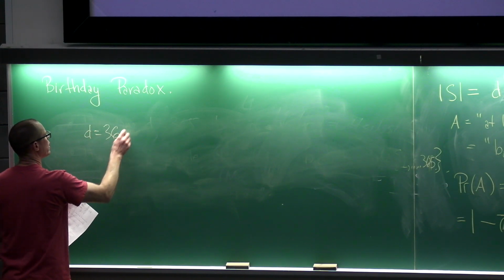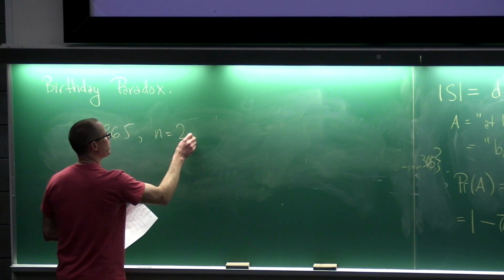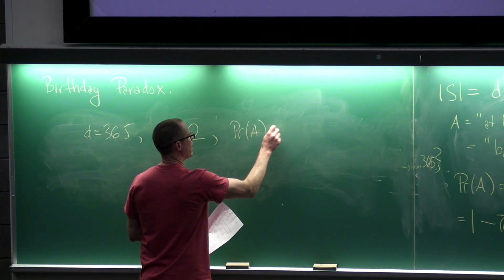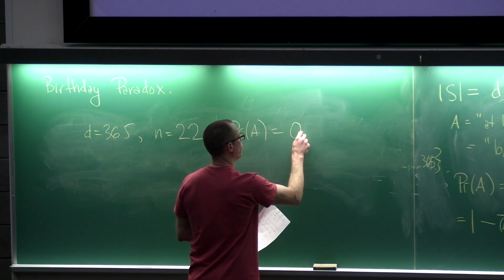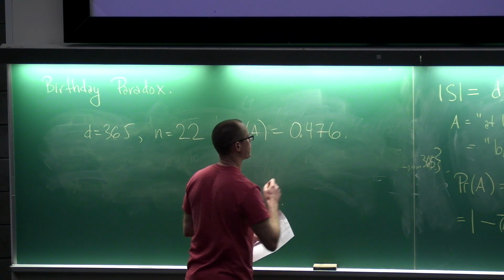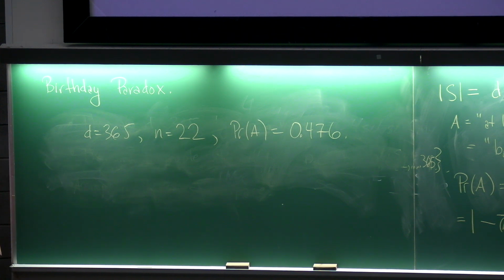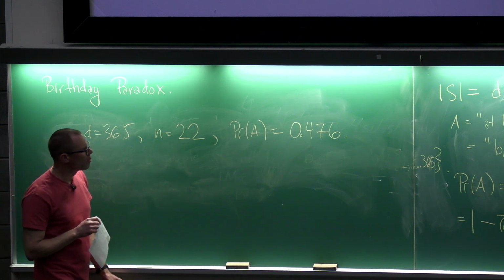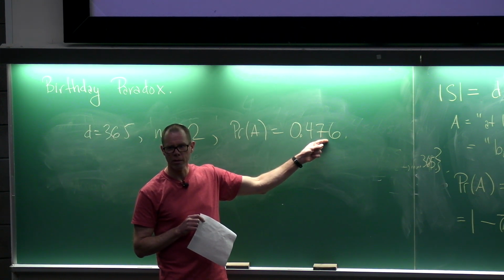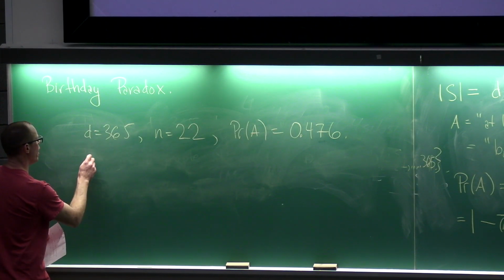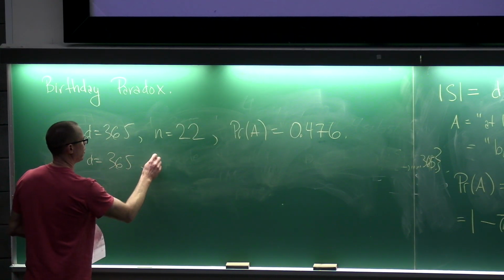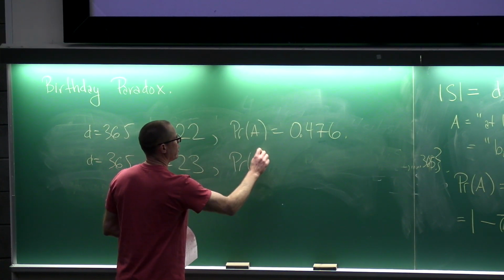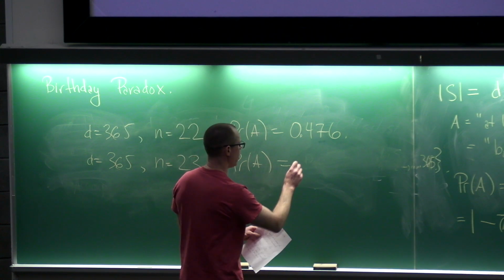If D is equal to 365 and N is equal to 22, then the probability of A in that case is 0.476. So if this room had only 22 people in it, the probability that 2 of them would have the same birthday is about 47%. And if the room has 23 people in it, then the probability that 2 people have the same birthday is already more than 50%.